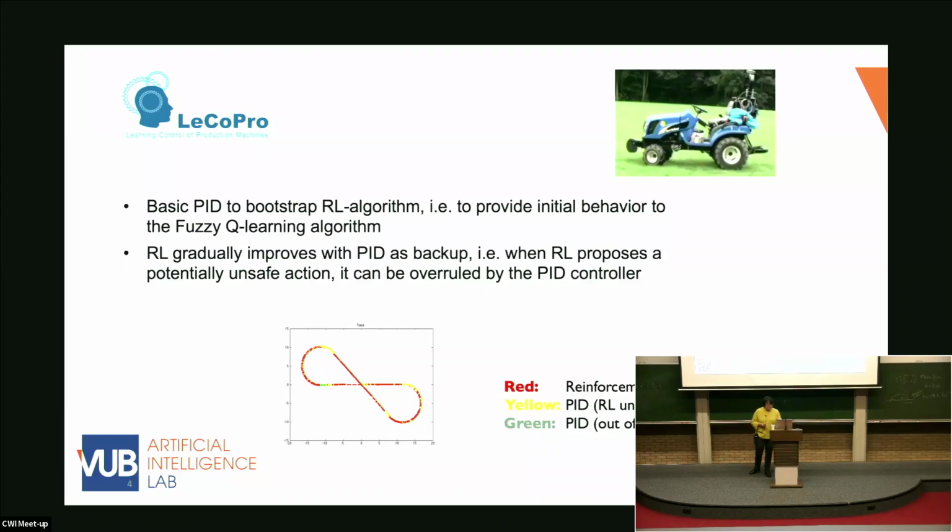But another element that I want to stress here is the way we organized the reinforcement learning algorithm. So it was a fuzzy version of a Q-learning algorithm. It's maybe also a nice reference to the first talk we heard yesterday morning.